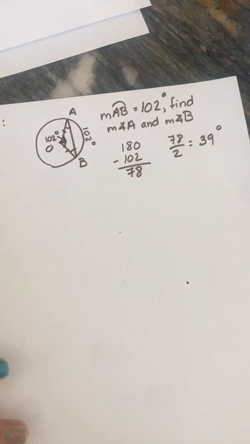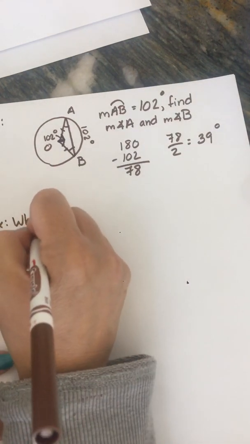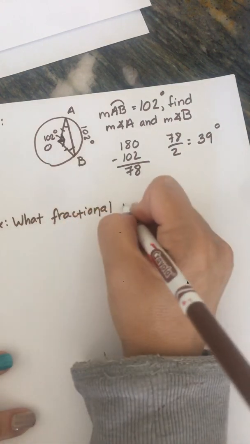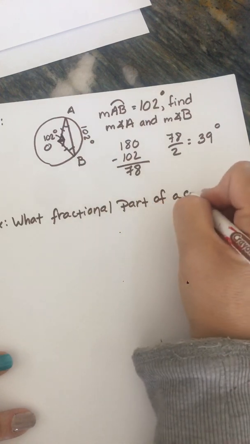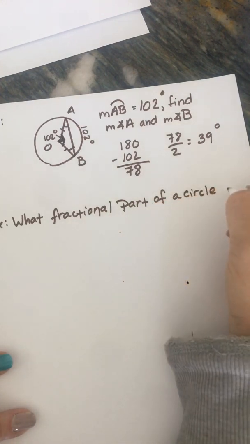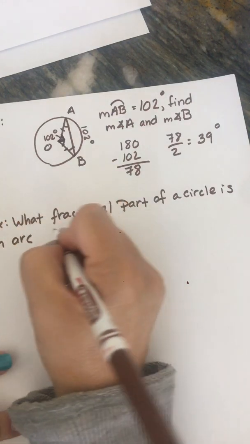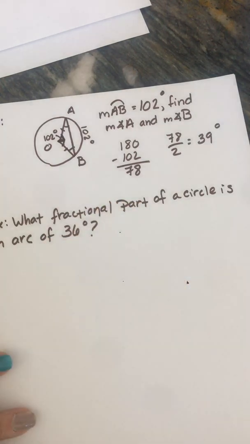Okay, here we go, last one. What fractional part of a circle is an arc of 36 degrees?